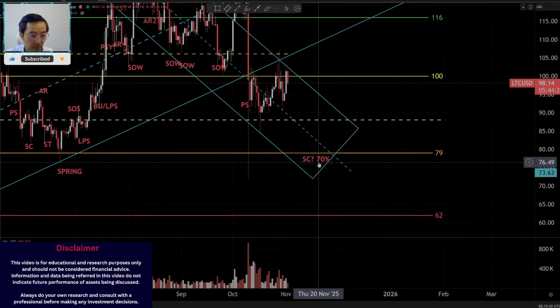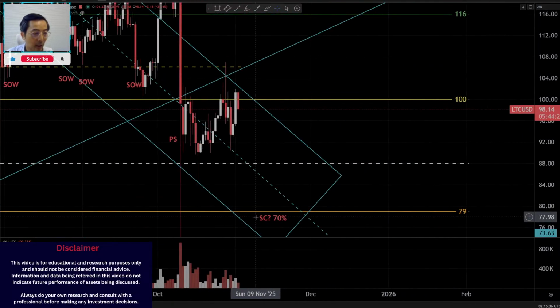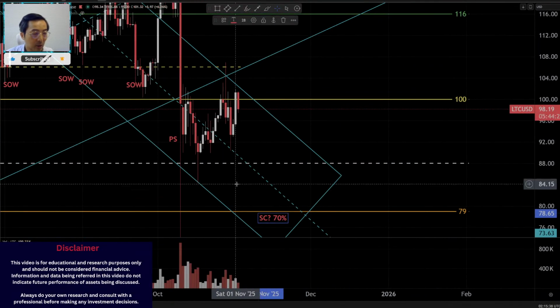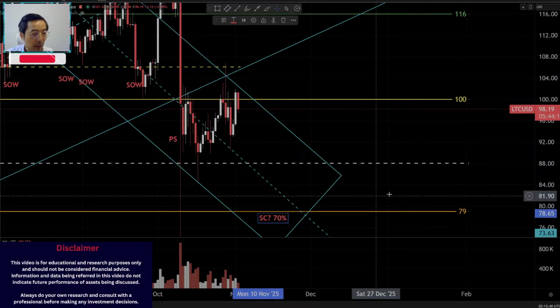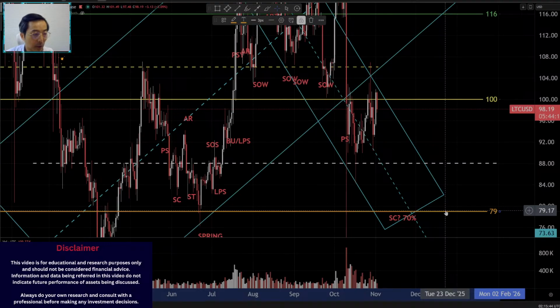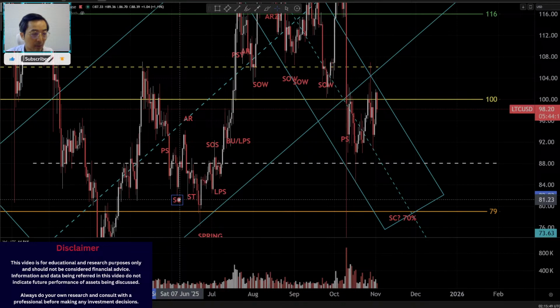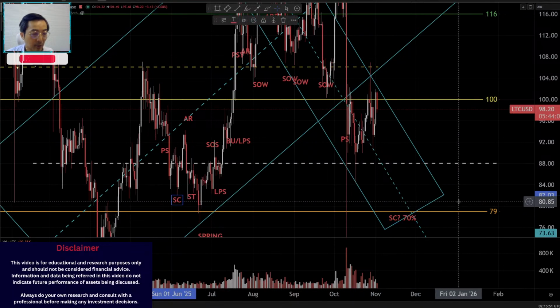Alright, so right now, while we're saying the higher chance is to continue within this downward channel, heading towards somewhere close to the orange key level to show us a selling climax. Last time in June, it ended up somewhere higher than the $79.